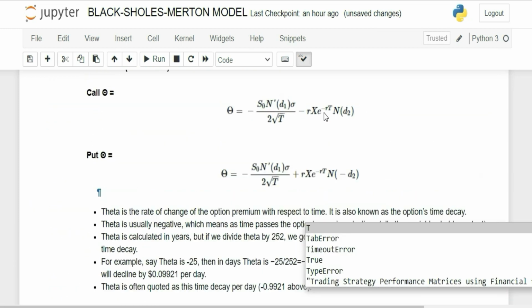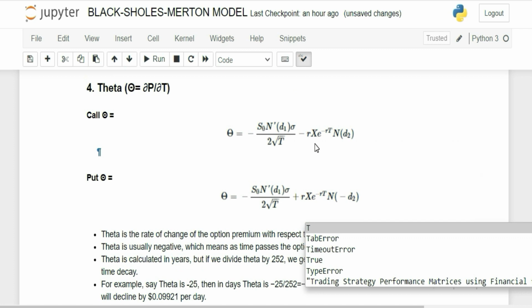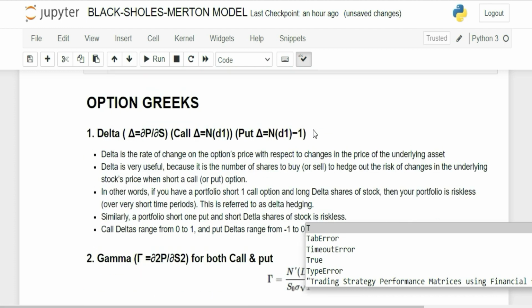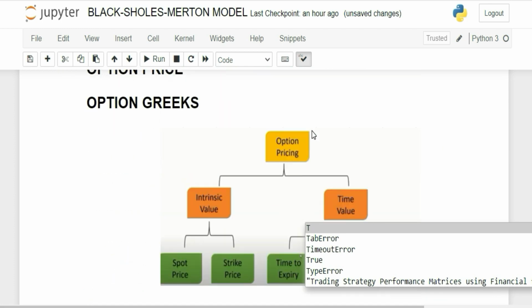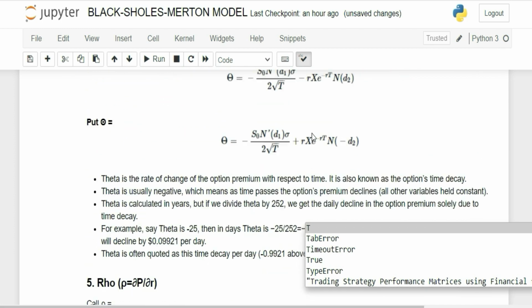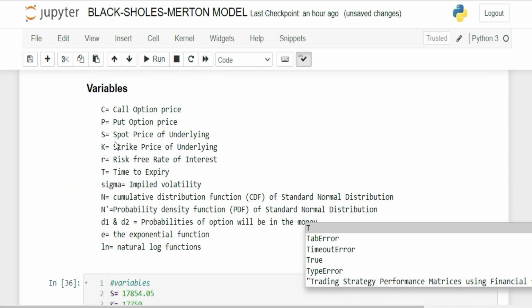Now minus r x e to the power rt. So this x is actually K for us, because you can see here we have put K, the variable which is your strike price.